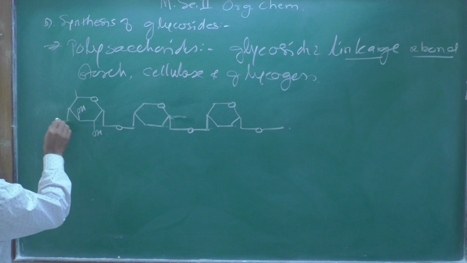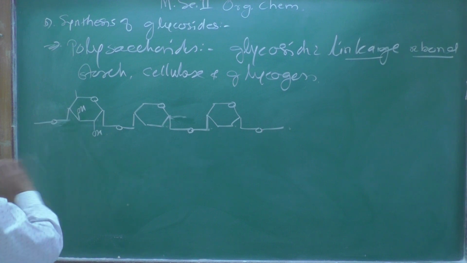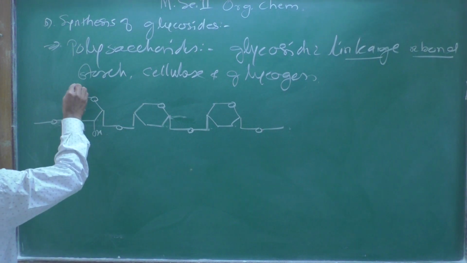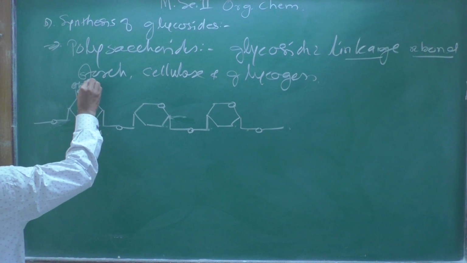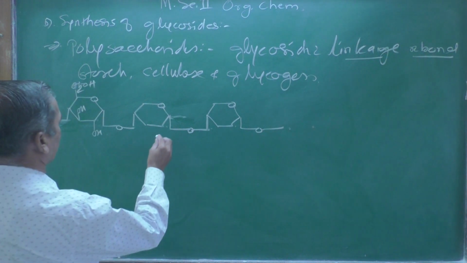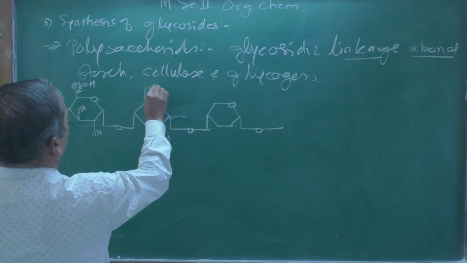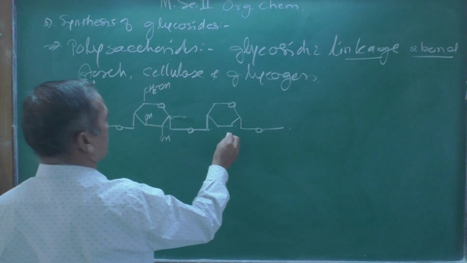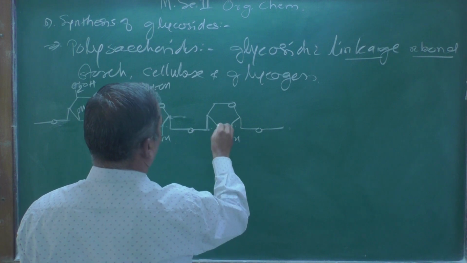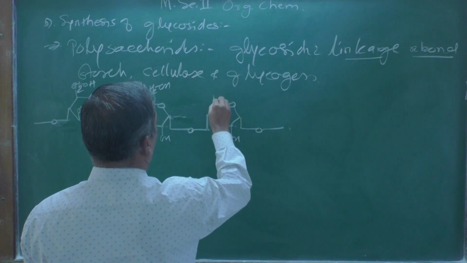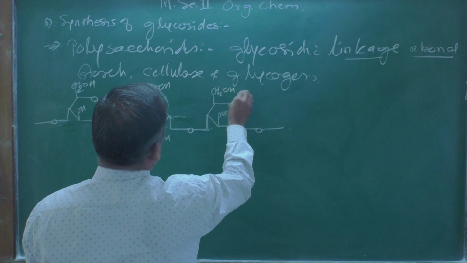Here the oxygen atom, and this type of linkage is found over there, where CH2OH is found, then OH, then OH here, then CH2OH. Similarly one OH here, and here CH2OH.